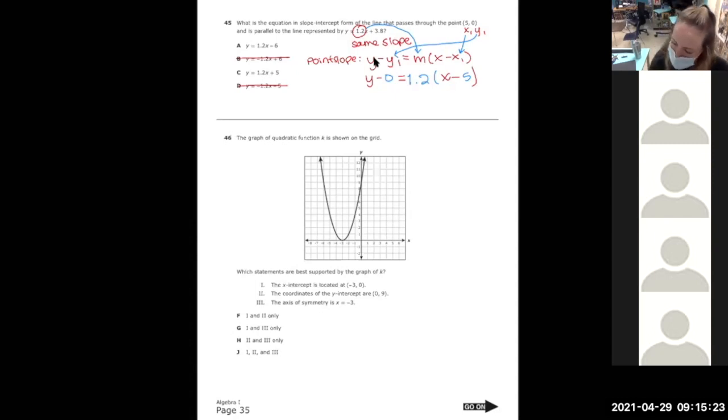Okay, so now what we're going to do is distribute. So we can get rid of the minus 0. That doesn't do anything. And then we distribute this 1.2. So that would give us 1.2x minus 6. And so our answer is A.